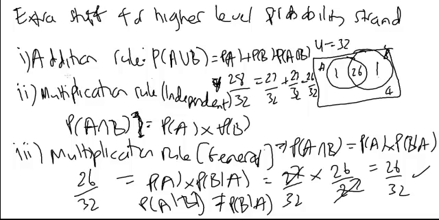There could be examples where the two are equal, but in general they're not. What I mean by that is, you're not able to switch. If you have an expression with the probability of B given A, you can't in the next line just change that into probability of A given B. They're not interchangeable.